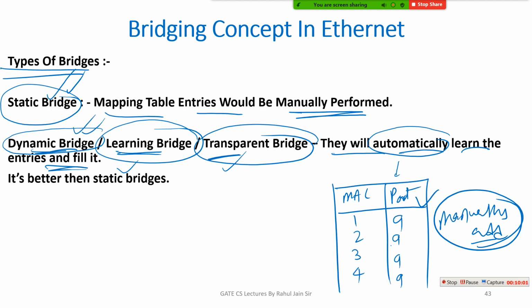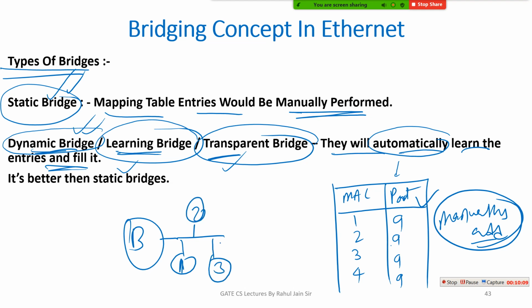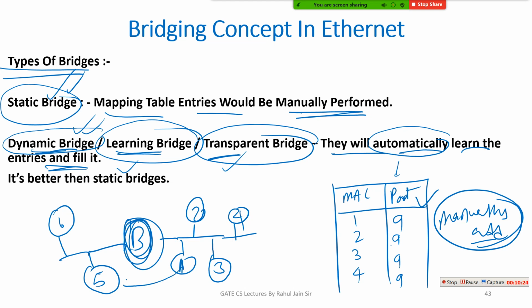So suppose it is a bridge which is connected to PC1, PC2, PC3, PC4, and this bridge is connected to another LAN, suppose PC5, PC6, like that. So this bridge will automatically learn, suppose 1 is sending data to 5.